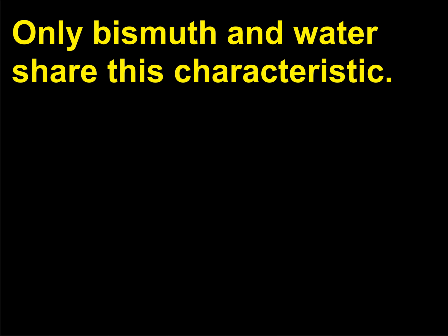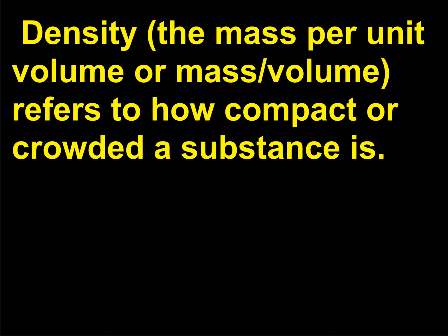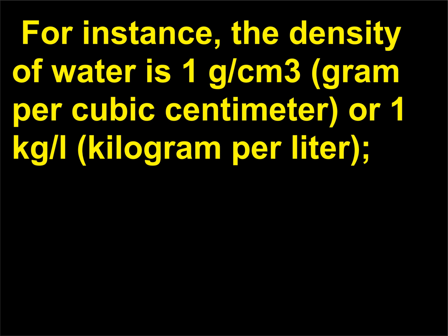Only bismuth and water share this characteristic. Density, the mass per unit volume or mass/volume, refers to how compact or crowded a substance is. For instance, the density of water is 1 g/cm3, gram per cubic centimeter, or 1 kg/L, kilogram per liter.